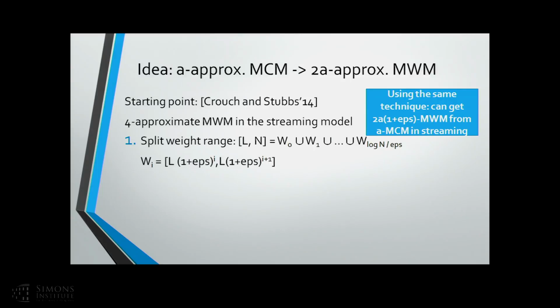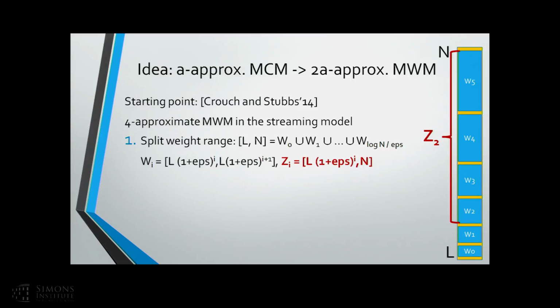So here's the main idea. You take the edge weight range between some L and N, let's say they're integers, and you split it into buckets, where each bucket range gets multiplied by 1 plus epsilon each time. Then you take the union of the top so many buckets, and that will be an edge range that I call Z sub i.